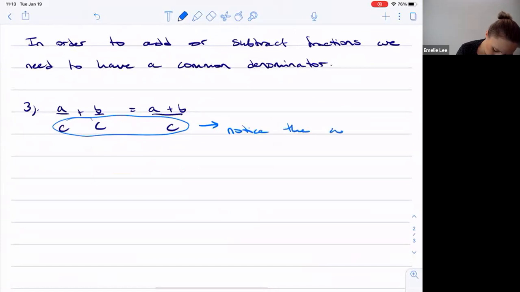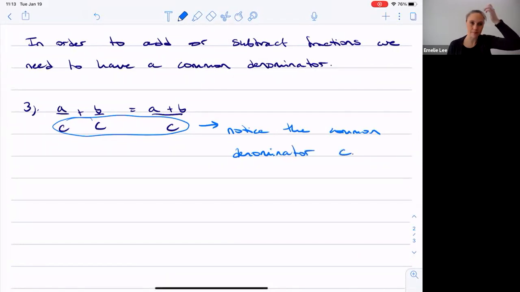Notice the common denominator c. Okay. So here, if you're adding fractions or subtracting, it doesn't matter. It would work the same. A over c minus b over c would be a minus b over c.